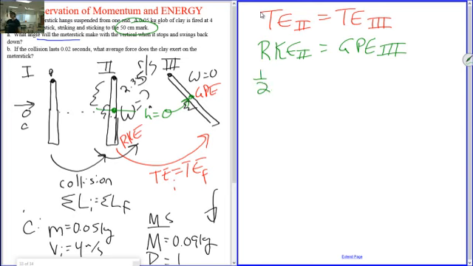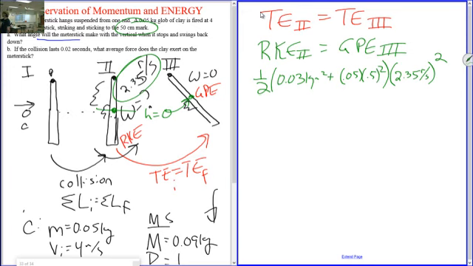So 1/2 times, my I is both I's. It's the I for the meter stick, which we figured out, that was the 0.03, plus I for the gum. Remember, that's mr squared, so 0.05 times 0.5 squared. So there's rotational inertia times angular velocity, 2.35 radians per second, squared.